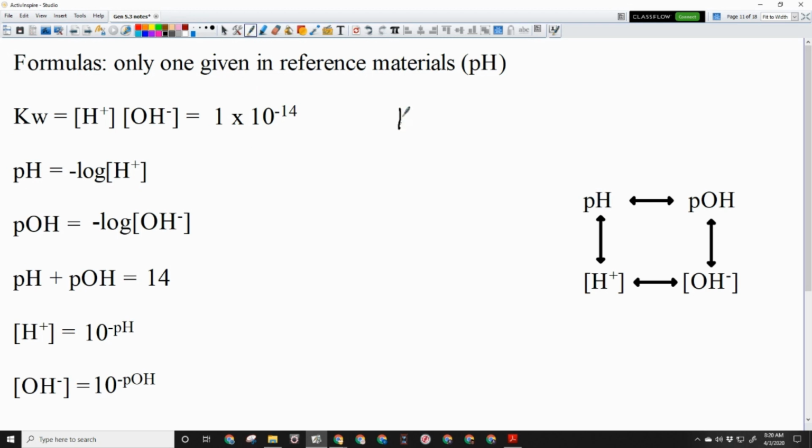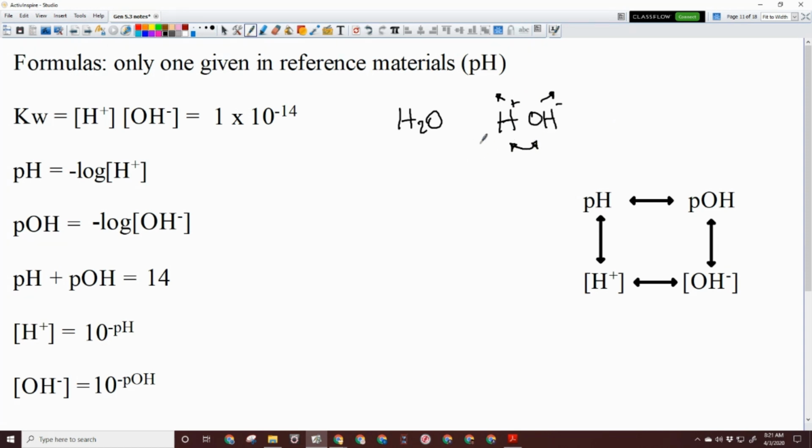Because water, H2O, we know sometimes we write it as HOH, and water auto-ionizes, which means that when you have water, these split apart into hydrogen ions and hydroxide ions, and then they come back together.